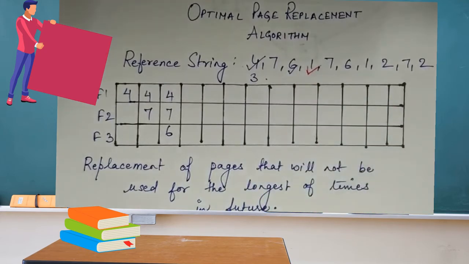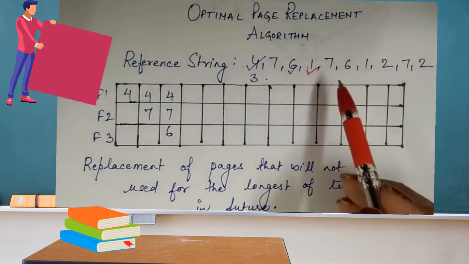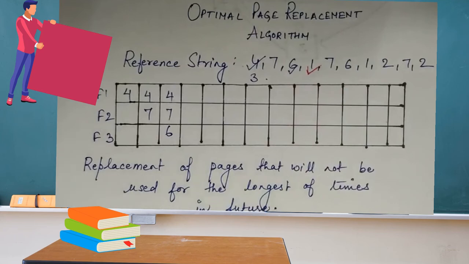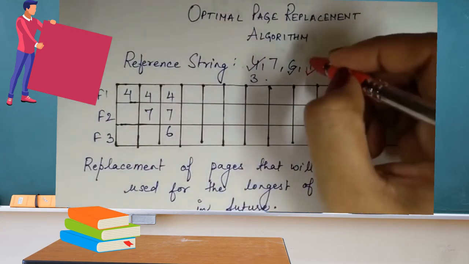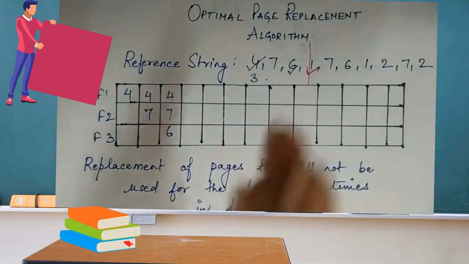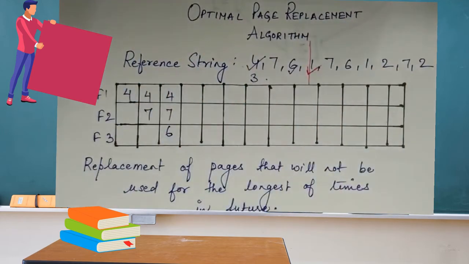Which page to replace will depend on which page is not going to be used in the future for the longest time. If you recall, in the previous algorithm, LRU, we divided the string into 2 and determined what is on the left hand side.